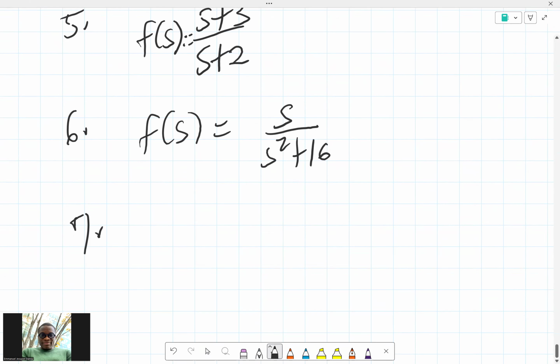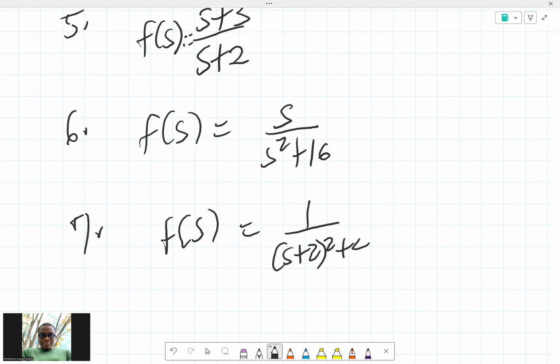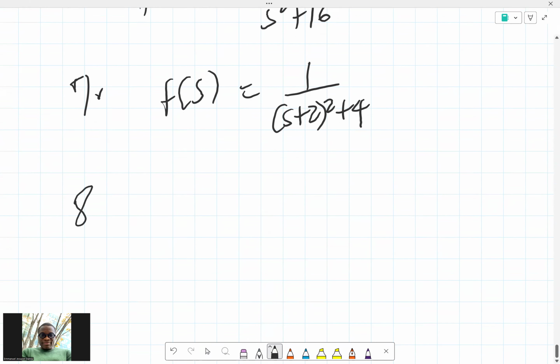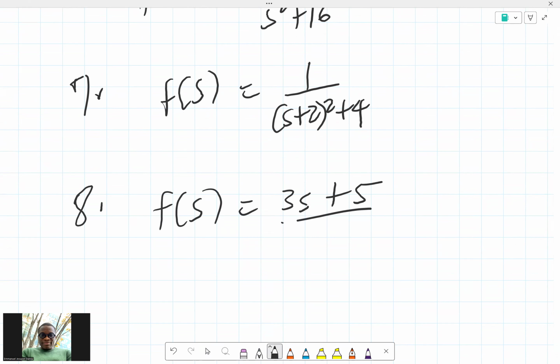Number 7, f of s equals 1 over s plus 2 squared plus 4. Number 8, f of s is 3s plus 5 all over s plus 2 into s squared plus 4.